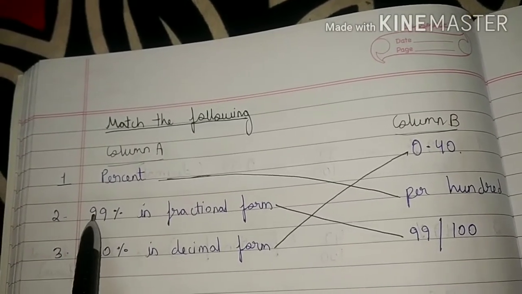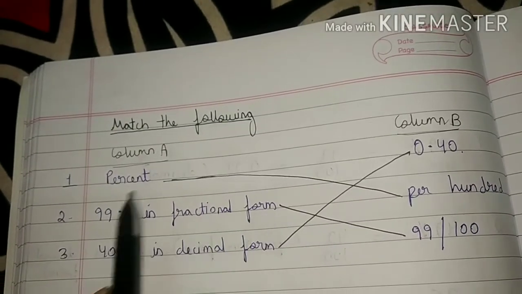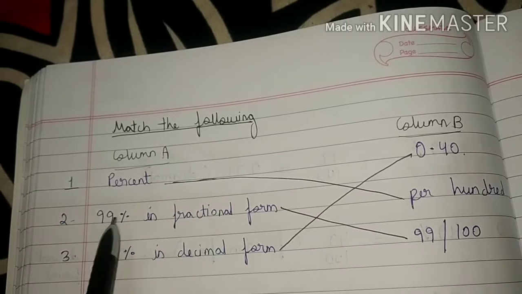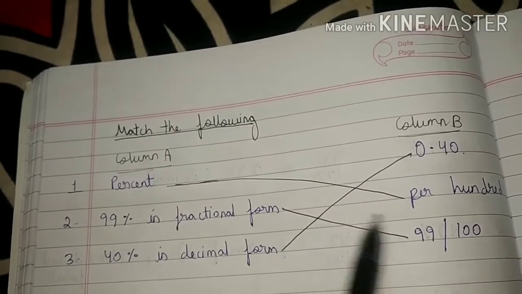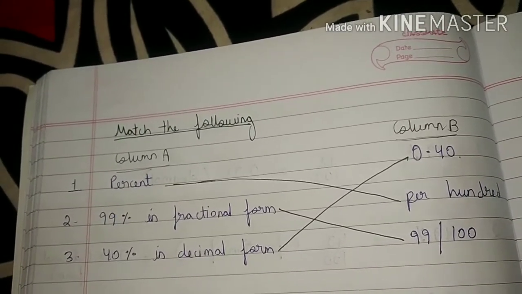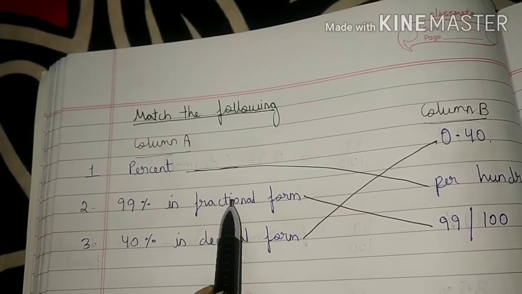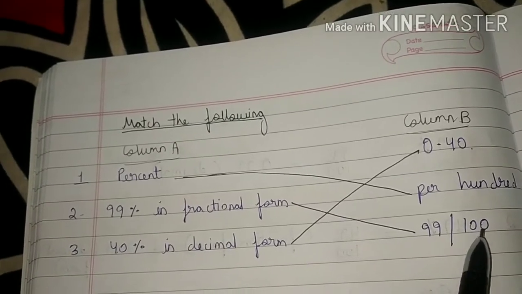Question 2. 99% in fractional form. Students, in this question, we have to convert 99% into fraction. So your answer will be 99 divided by 100. Because 99% when written as fraction will be 99 divided by 100.